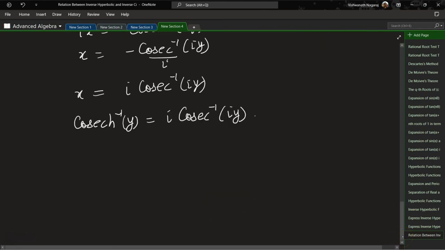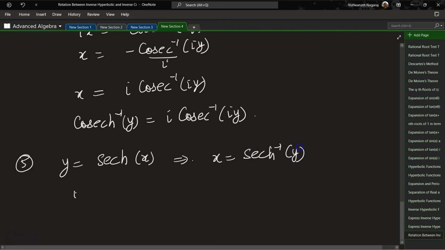Now let's look at sec. So fifth one, y is equal to hyperbolic sec of x, which can be written as x is equal to hyperbolic sec inverse of y. Again multiplying both sides by i, actually not required, as you will see. So y is equal to hyperbolic sec x.